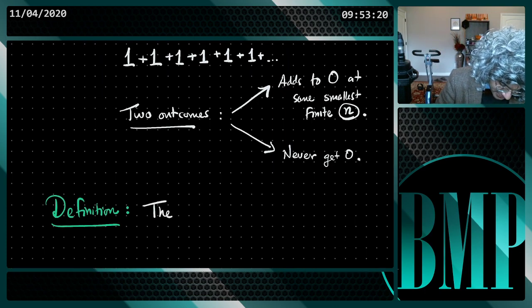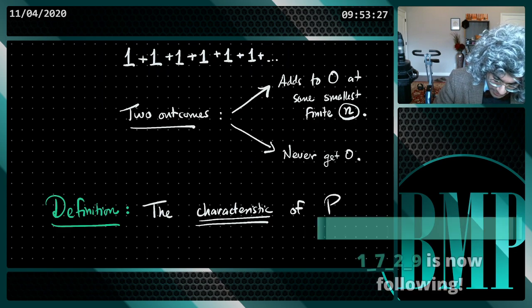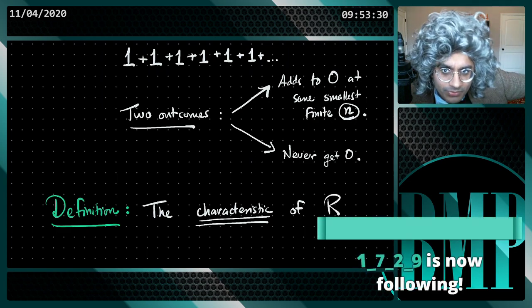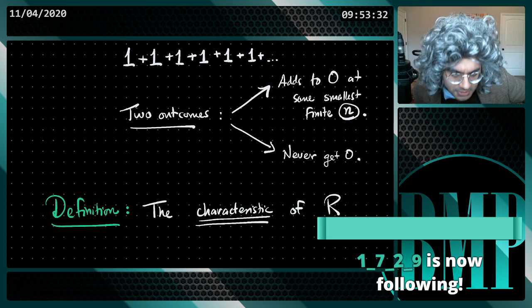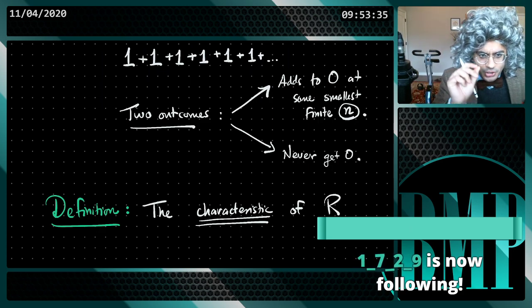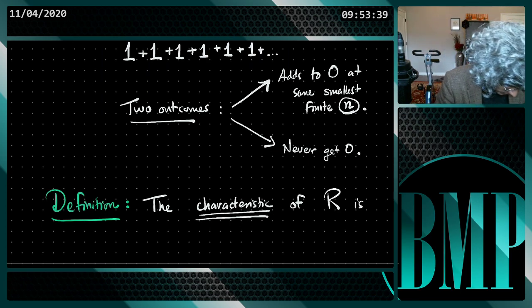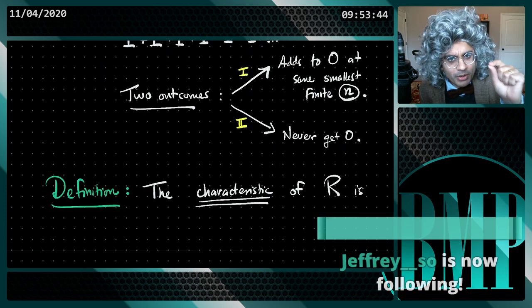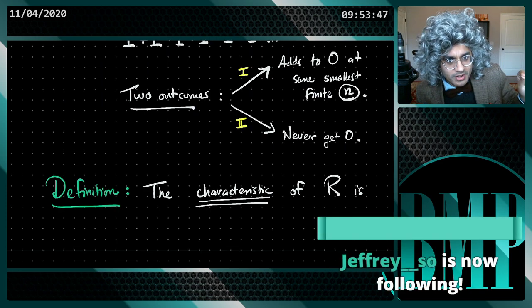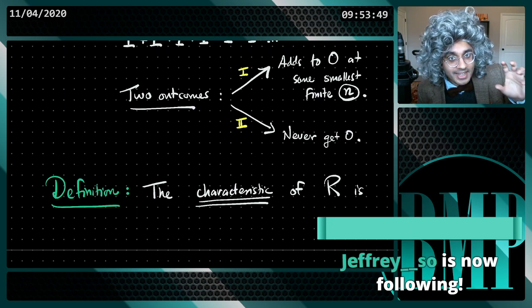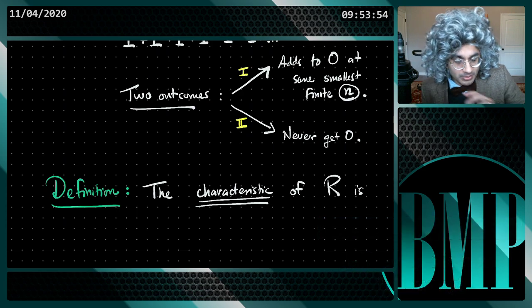The characteristic of a ring R is the number n in case number 1, or we just declare the characteristic to be 0 if we're in case number 2.